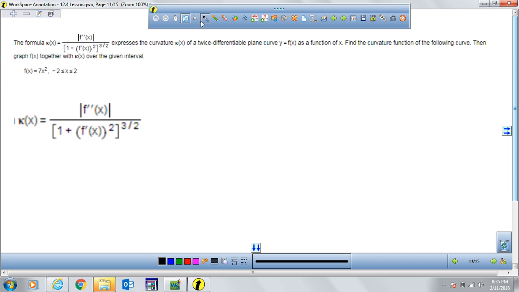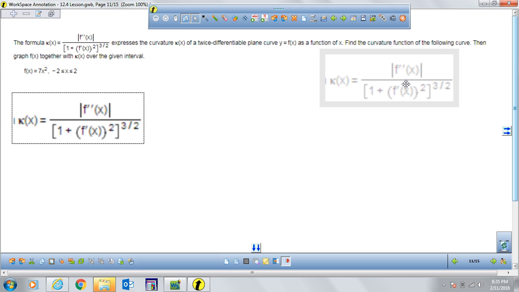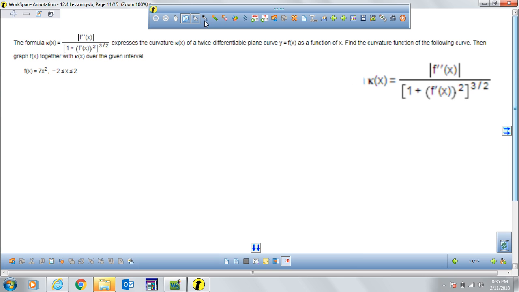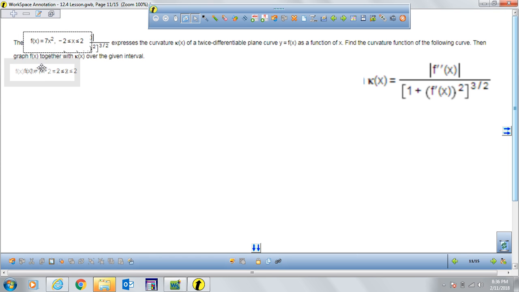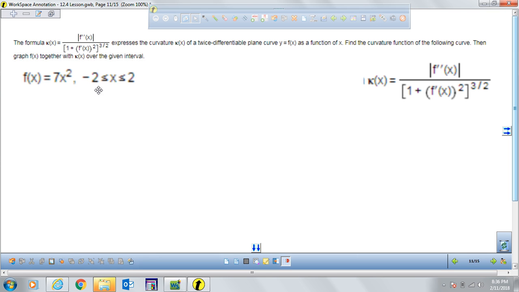So there's a couple of things that we need to find first. We need to find the first derivative, the second derivative, and the magnitude of the second derivative. So this is the function we're looking at, and we're trying to find a function of the curvature at any given point on this parabola, 7x squared.